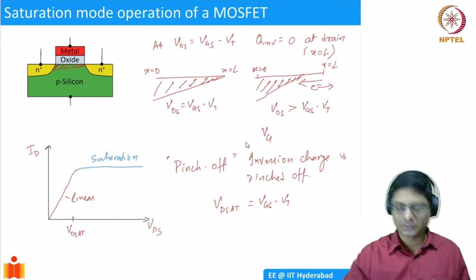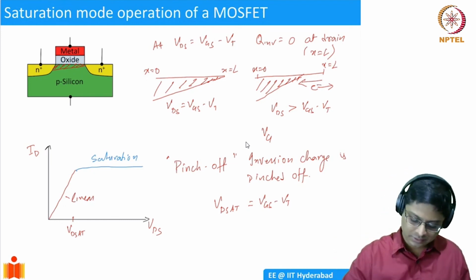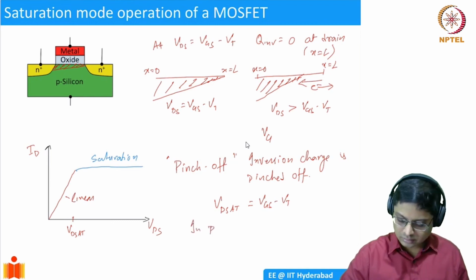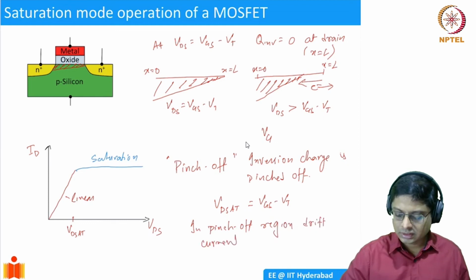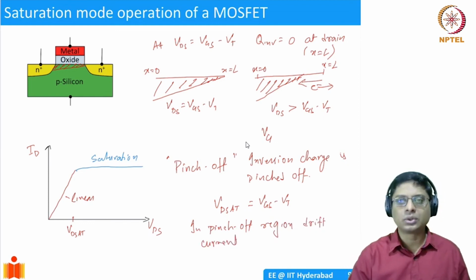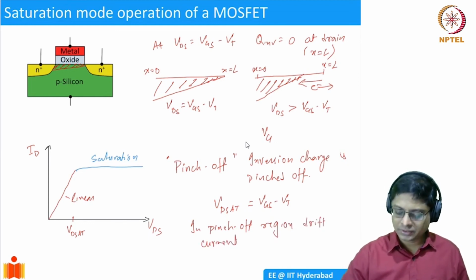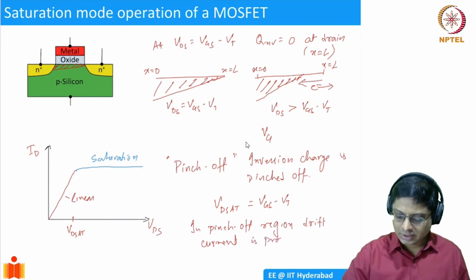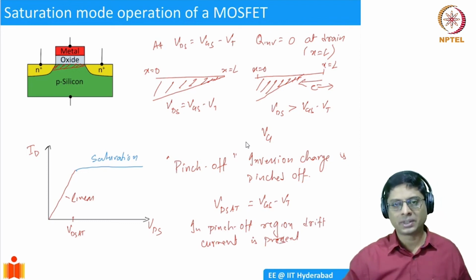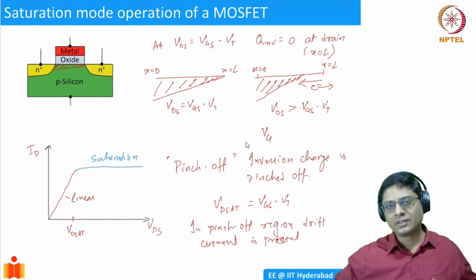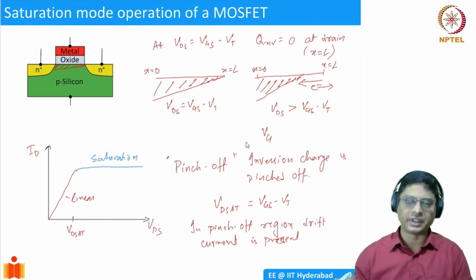In the pinch off region, drift current causes the carriers to go across that region. In fact, even when you have inversion charge, it's still drift, because VDS supplies the overall electric field, which causes the carriers to go from the source to the drain.